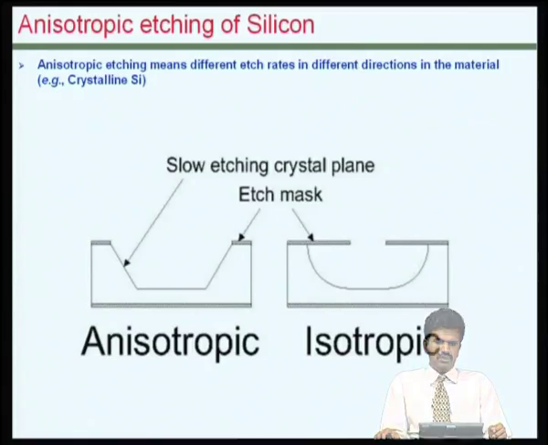Anisotropic etching, on the other hand, makes use of the crystalline nature of silicon in realizing well defined geometries.